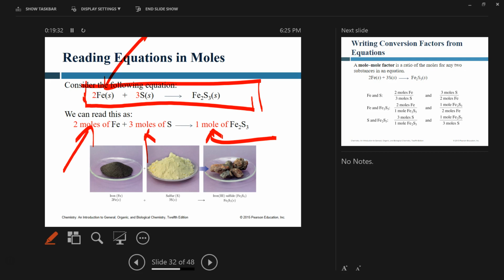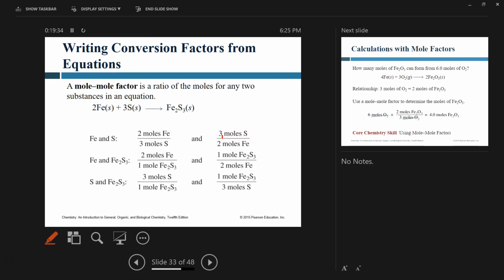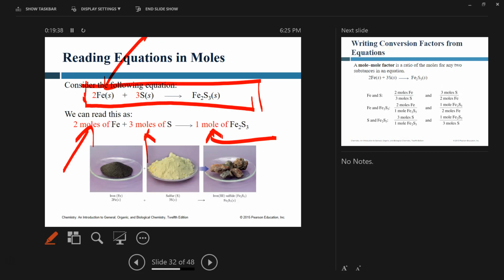So, what is the mass of 2 moles of iron? Well, iron is about 56 grams per mole, so it's going to be 112. The total mass of 3 moles of sulfur is about 96. I'm doing very quick and dirty calculations.